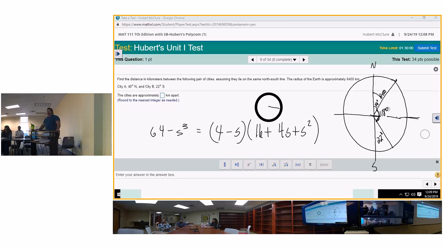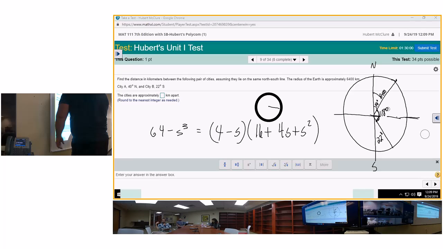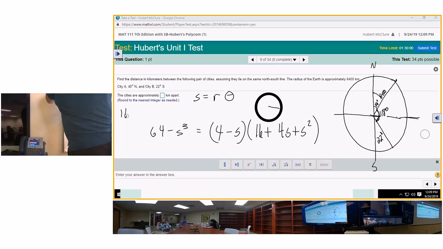Y'all write this question down with a question mark, but let's go with it. Thank you for that input. So we know s is equal to r times theta, but we've got 118 degrees, so somebody change that. 118 degrees is equal to, so that's 180, so it's got to be pi over 180.